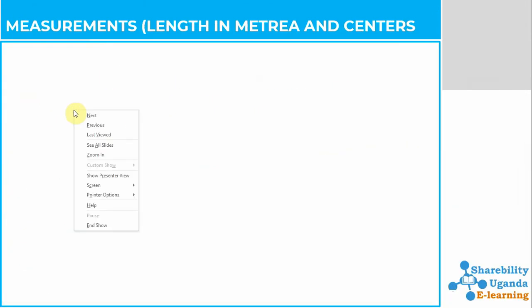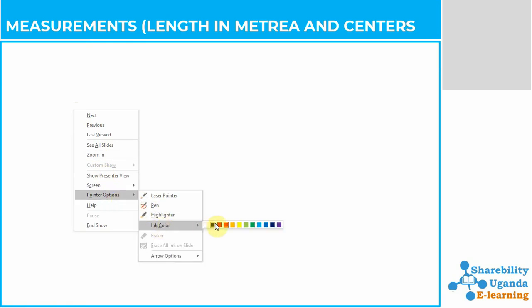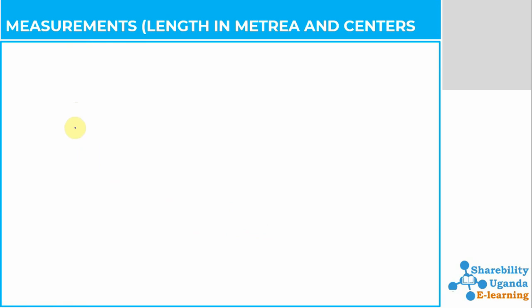Before we look at this, I'll first get a pen tool here and demonstrate it more. I want to choose the ink color. Let me use this color. As we talk about measurements, that is purposely the length, and the length in meters, centimeters, and kilometers.